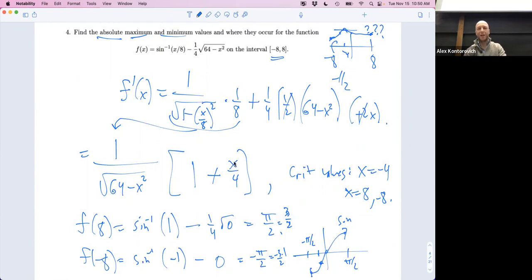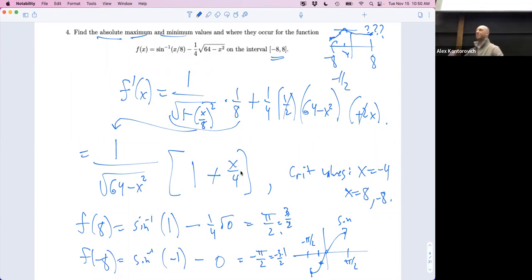It's when x is equal to -4, because then this is equal to -1. So if I take -1 and add 1 to it, that's 0. I just solved 1 plus x over 4 equals 0. I just want to know when this is equal to 0 or undefined. It's undefined at plus or minus 8, and it's 0 at -4.